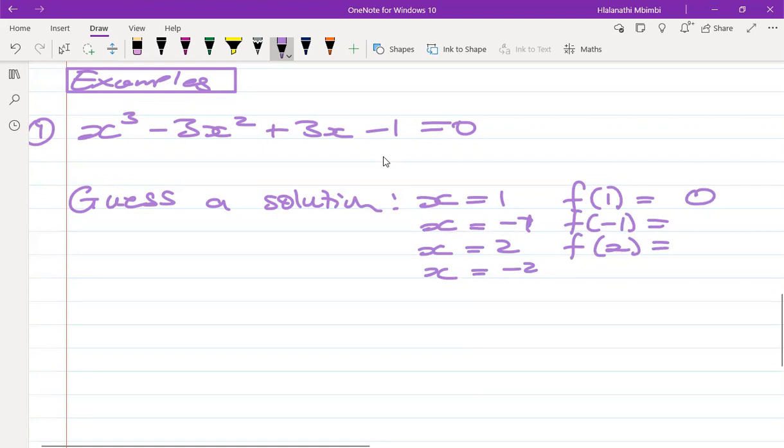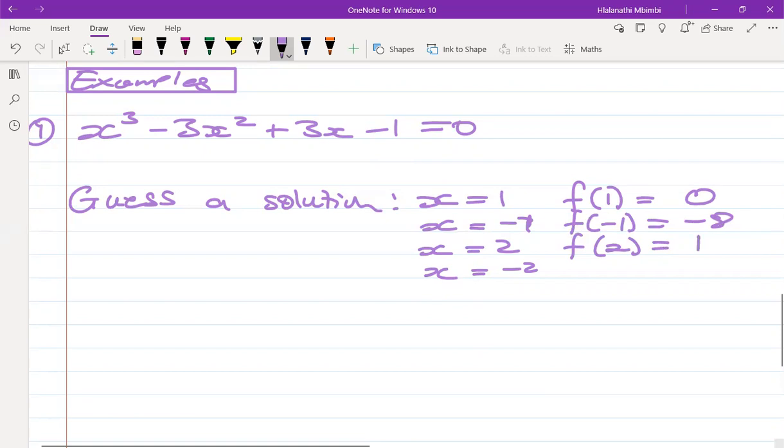For -1, I got -8. Mm-hmm. Anyone who gets F(2) first? F(2) is 1.